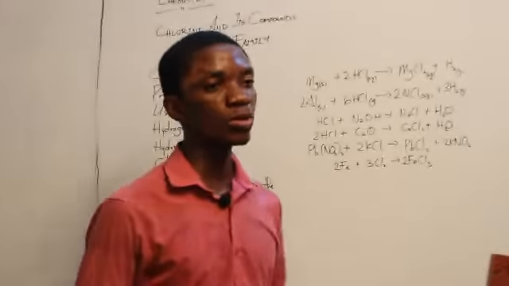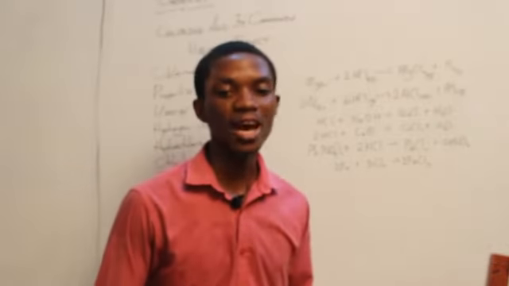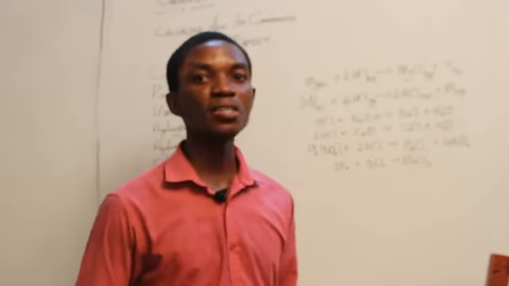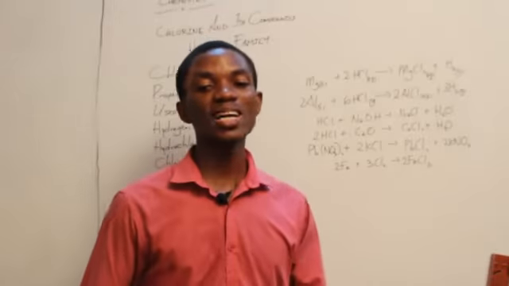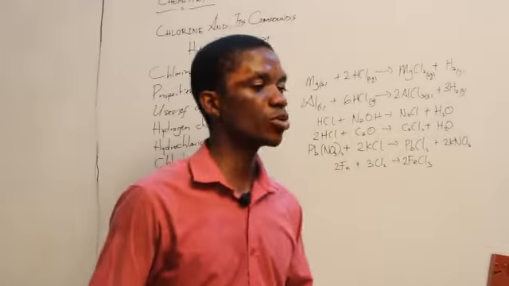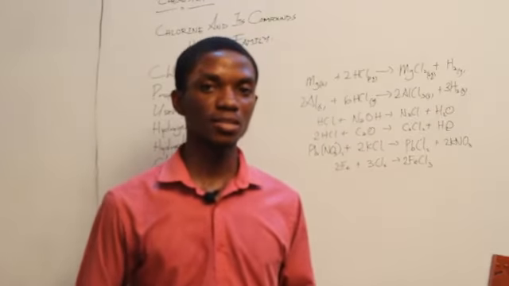Now, there is one thing to note. Chlorides are not easily decomposed. They cannot be decomposed via heating. Chlorides are very, very stable. They do not decompose easily. And all chlorides react with concentrated H2SO4 to liberate the hydrogen chloride gas.